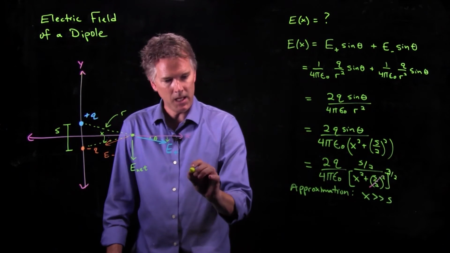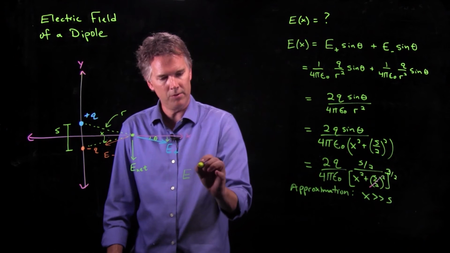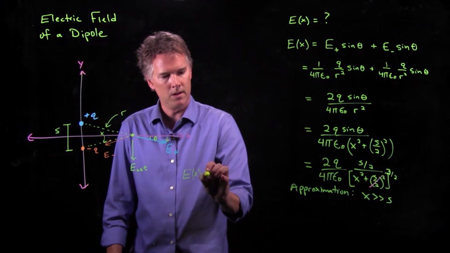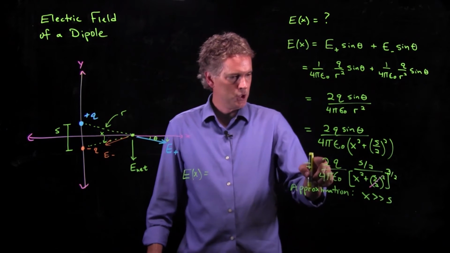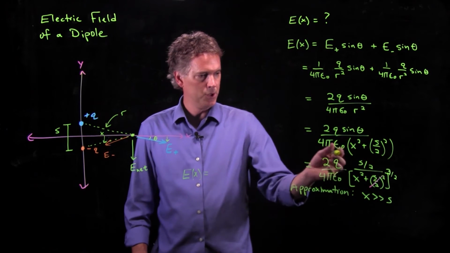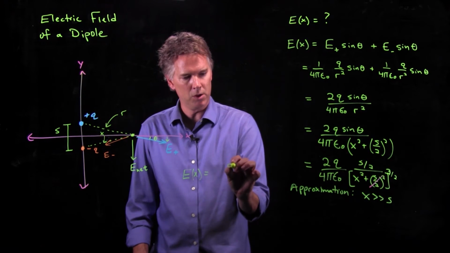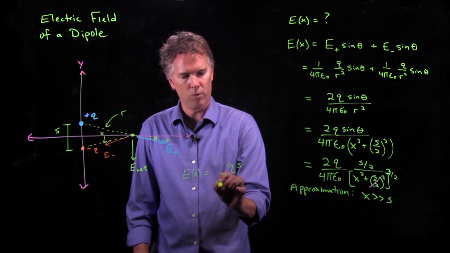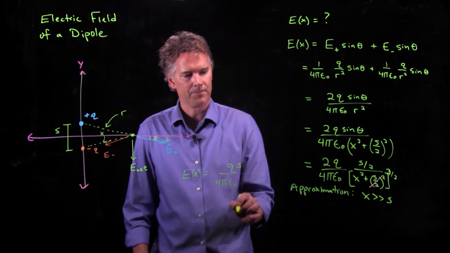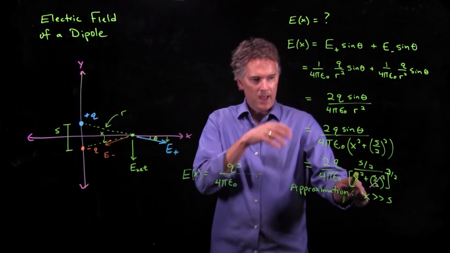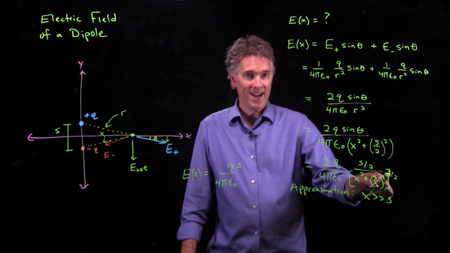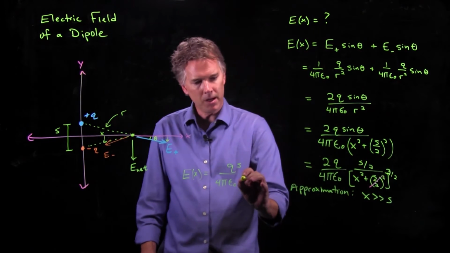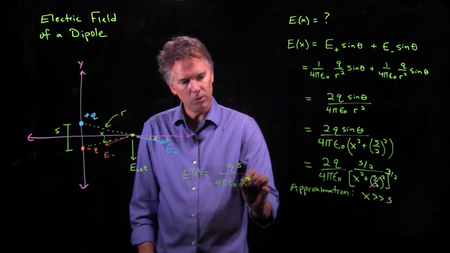What do we get? We get E at this position x is equal to 2q times s over 2. The 2's go away, and this just becomes q times s divided by 4 pi epsilon naught. x squared raised to the 3/2 becomes x cubed.